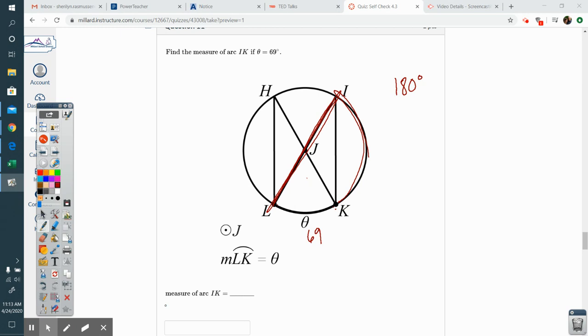So what you do is you take the whole, I just want IK, and this is 69. So I take the whole half of the circle, which is 180. I subtract 69 from that to get this portion right here. So 180 minus 69 is equal to 111. So this IK, the arc IK, is 111.